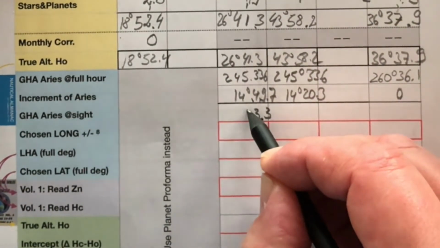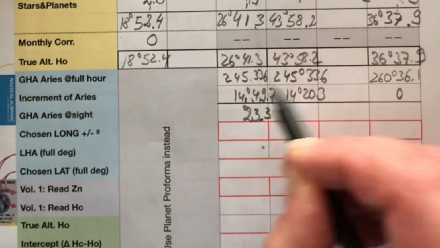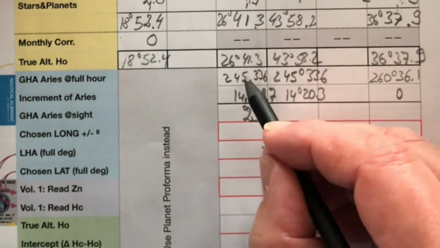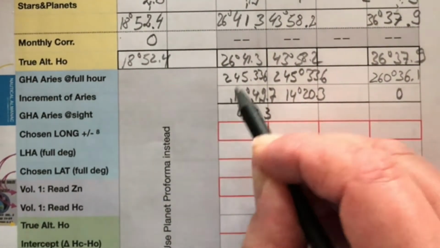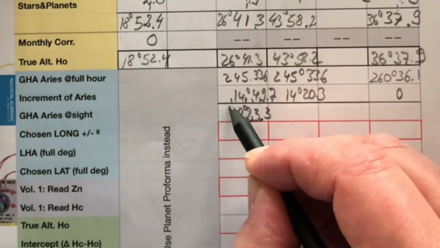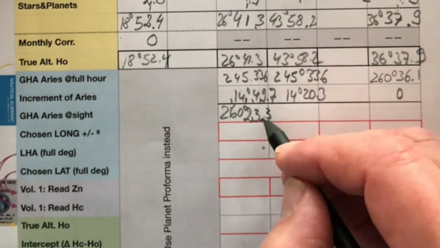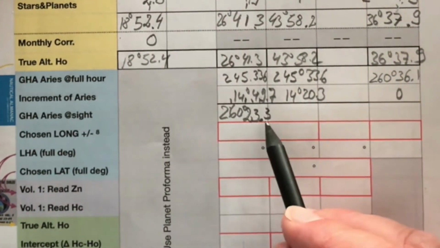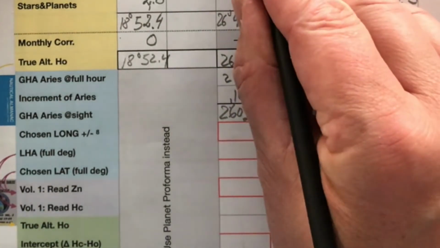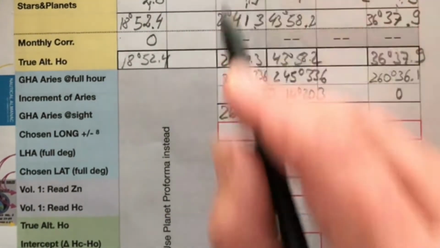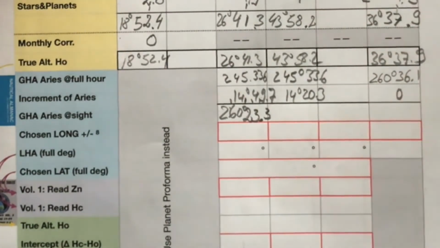So if you have an 8 there, you write it 2 instead, because you get a full degree here. And the full degree there is 5 plus 5 is 10. 4, 5, 6. So 260 degrees and 23.3. And that makes sense, because here we are just 1 minute before the full hour of 7. And here we have 7, so that's 260 degrees and 36.